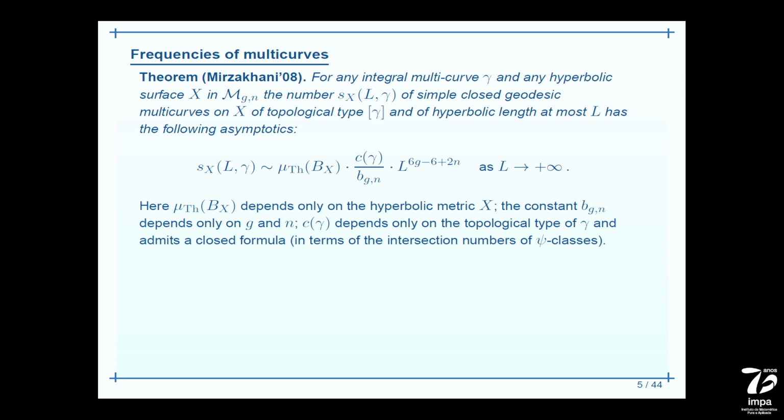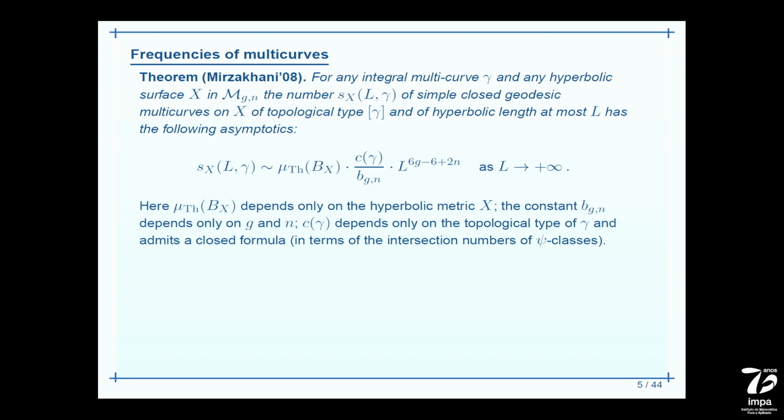And here's a beautiful result of Mirzakhani. She proved that the asymptotics of this number of simple closed geodesic multi-curves of type gamma has the following form. It is polynomial in the length, not exponential like all geodesics, polynomial. And the coefficient in this polynomial has a very fine structure.